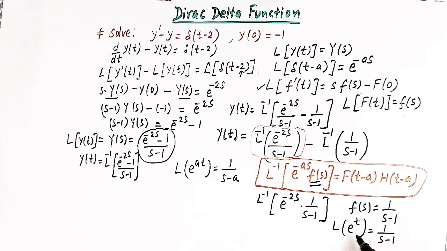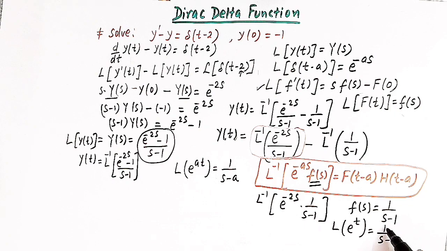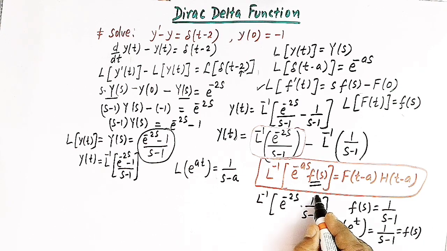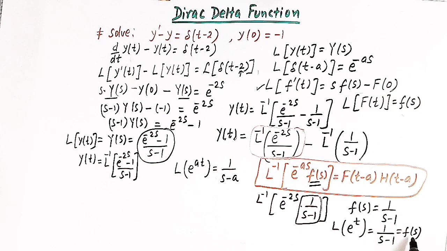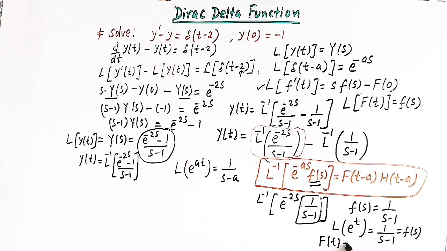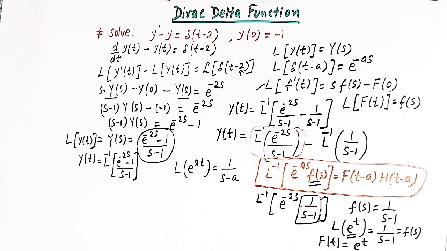So the Laplace transform of e raised to t is 1 over s minus 1. So this is our F(s). So now here we can write this term, that is f(t), is given by e raised to t, right? So this is our function f(t).